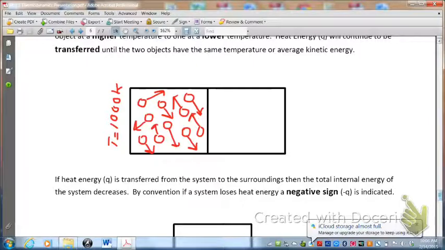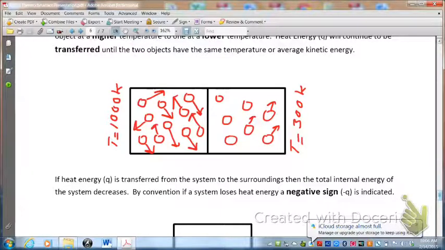Now over in this other box, we're going to say the temperature is 300 Kelvin. So that's a lower temperature. And so the atoms or molecules that make up this system, their arrows are going to be shorter. Why?